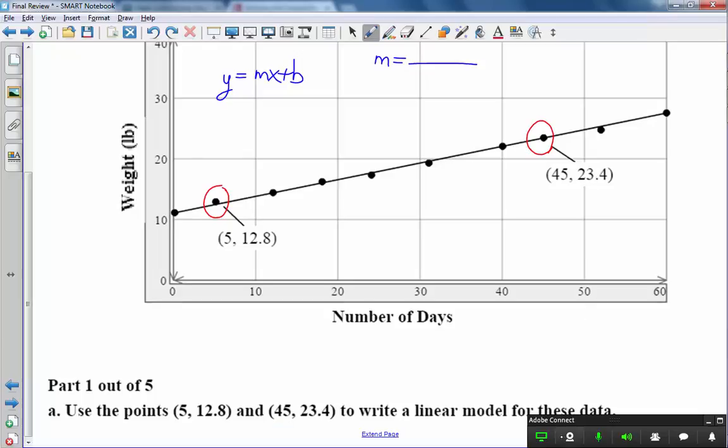Here is y2, y1, x2, x1. 23.4, 12.8, subtract first. And then subtract x values. All right. 4.6 divided by 40.